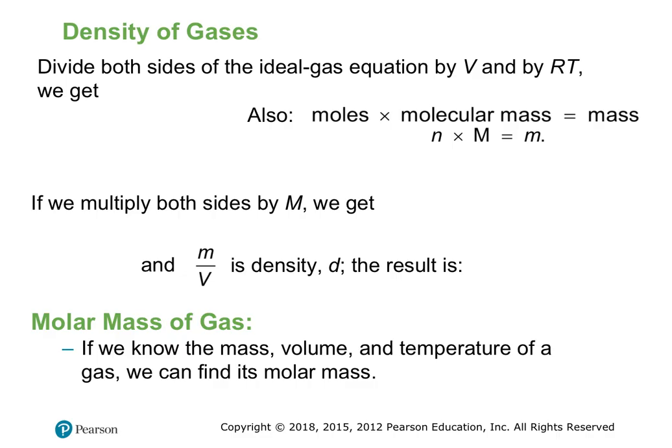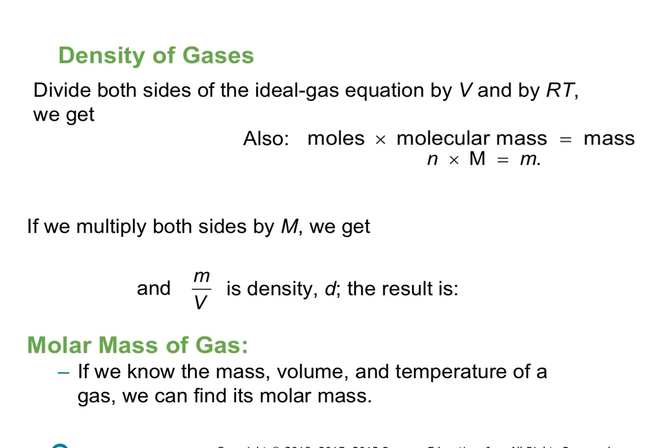We can also determine the density of a gas using the ideal gas law. If you remember that density equals mass over volume. So what we want to do is get the ideal gas law, which is PV equals nRT, looking somewhat like mass over volume. So when I see mass, I also think of moles, right, an amount. And then we have volume here.